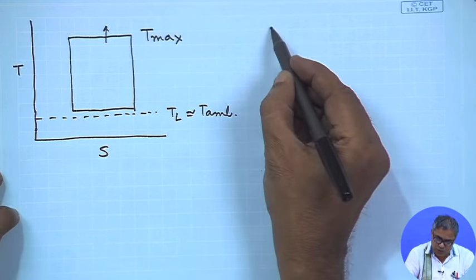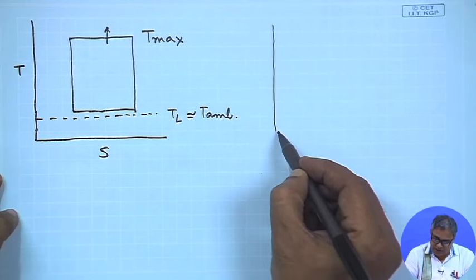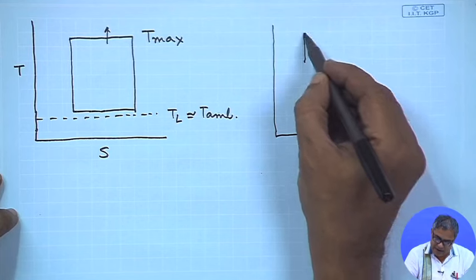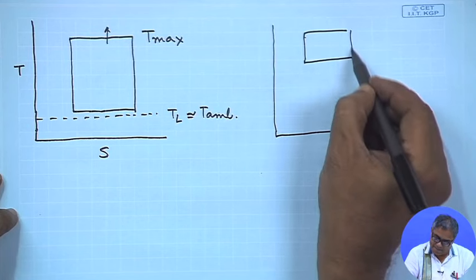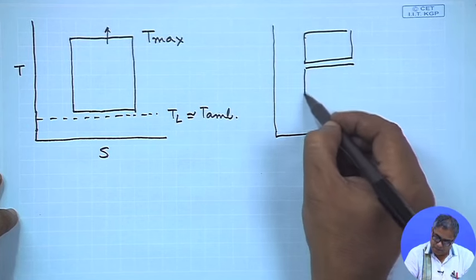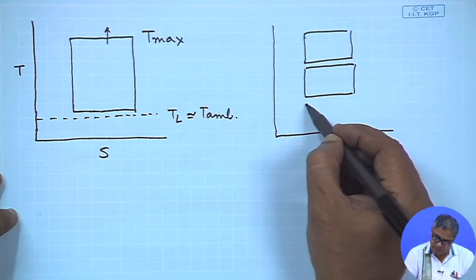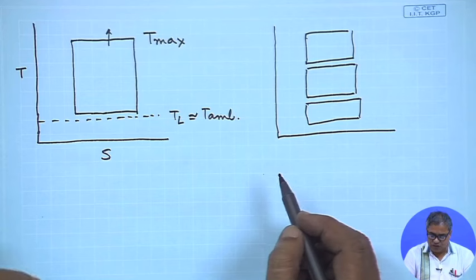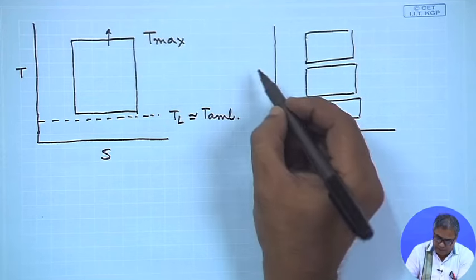So, what we can do conceptually, then one can do like this, we can take a number of cycles. I have shown 3 cycles over here notionally.